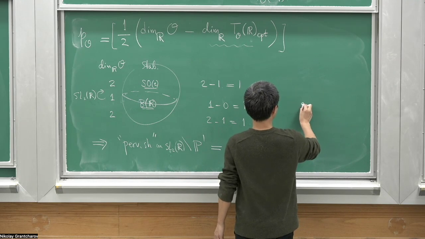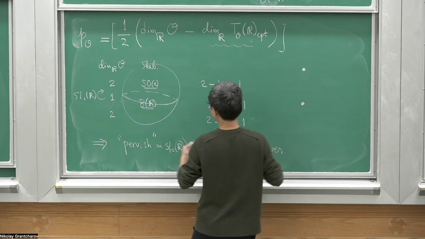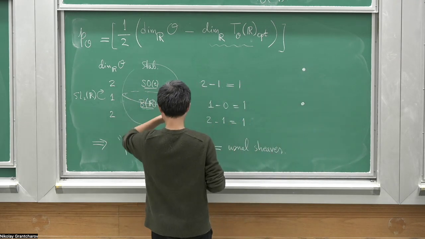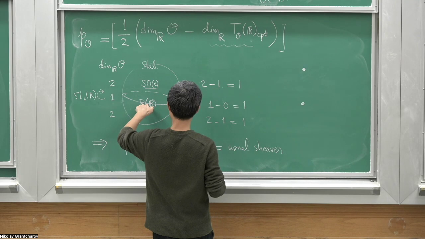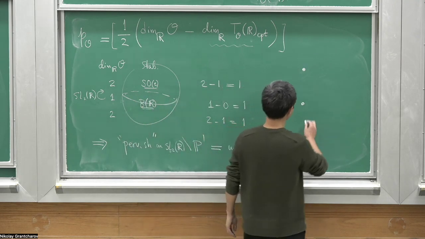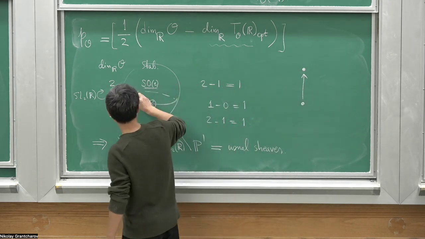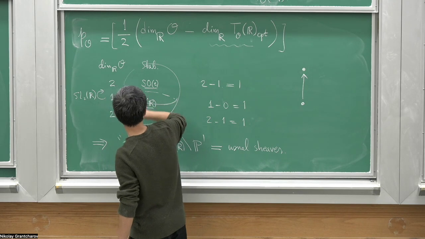For the usual sheaves, you can represent it by a quiver diagram where you have a vector space attached to each stratum, and you have an arrow, an exit path arrow, going from smaller stratum to bigger.